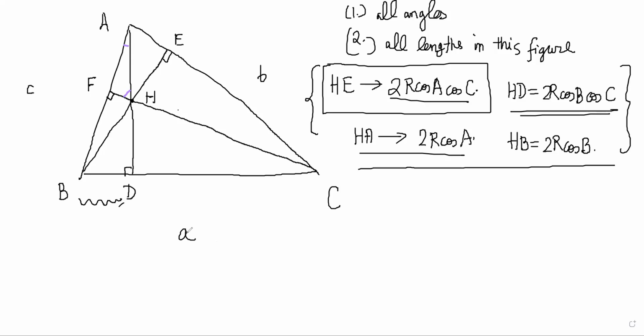How will we find BD? We need to find BD in terms of all the A, B, and C of the triangle. It's okay to write things in terms of the variables of the big triangle, small a, small b, small c, or capital A, capital B, capital C. What are the variables of the big triangle? The sides and the angles, right?